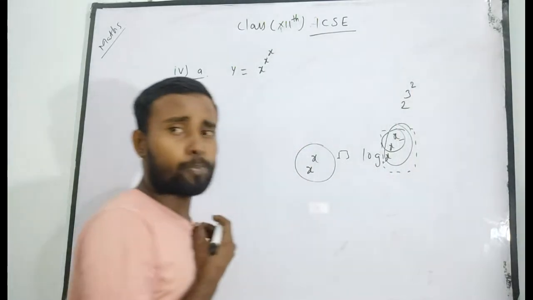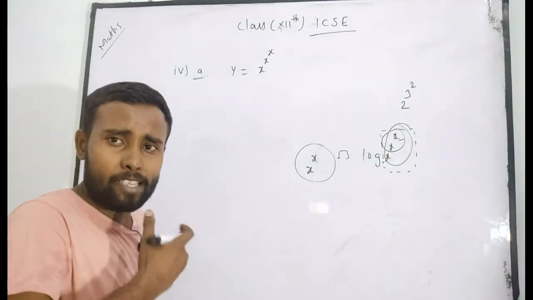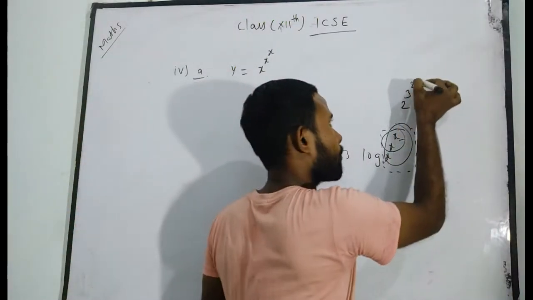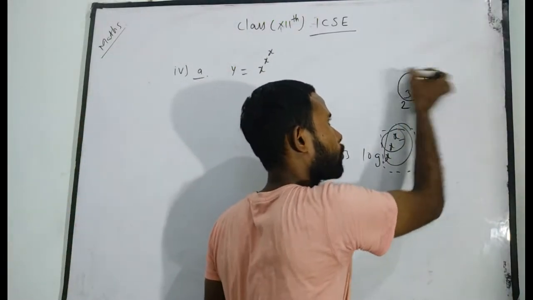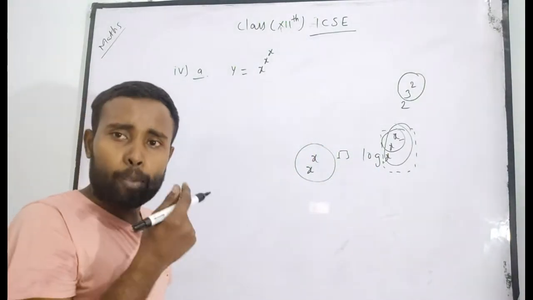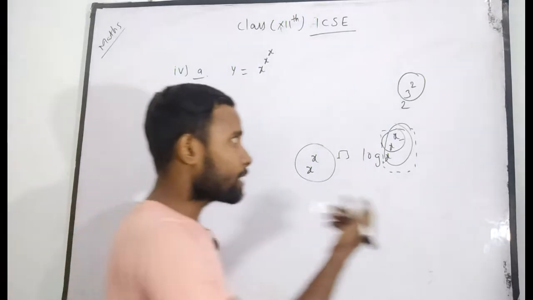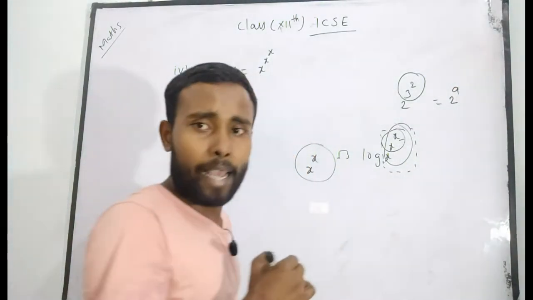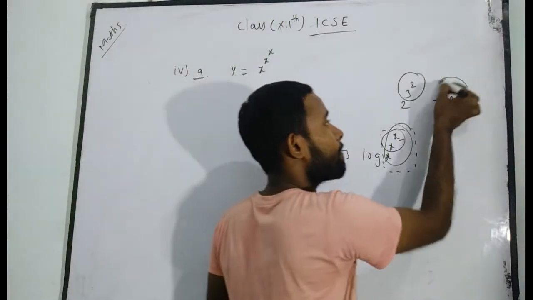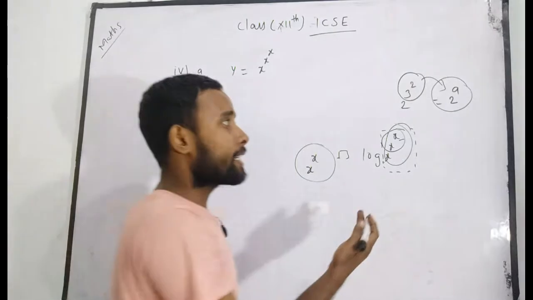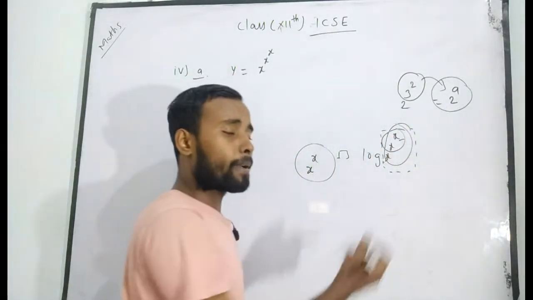Can you solve this problem, and what is the way through which you solve it? Definitely you will tell me, first of all I have to find the value of 3 to the power 2, which will be 9. In that case it becomes simplified, and now you can easily find 2 to the power 9.